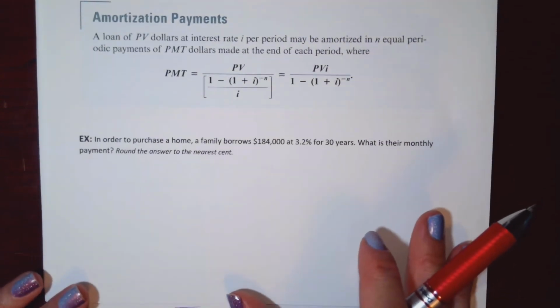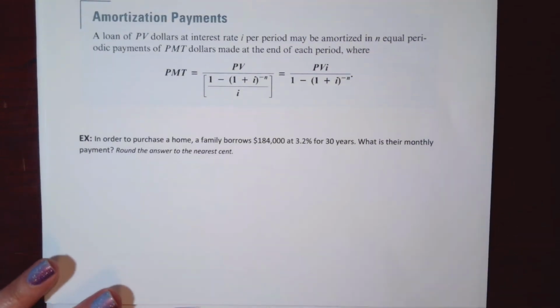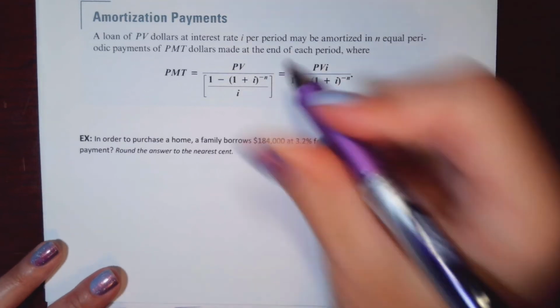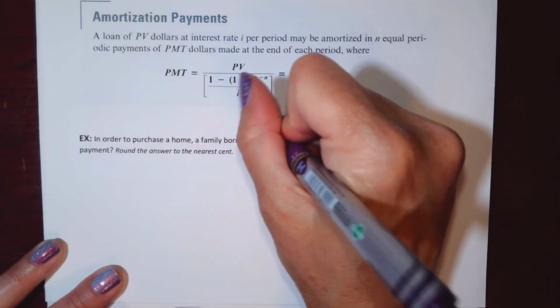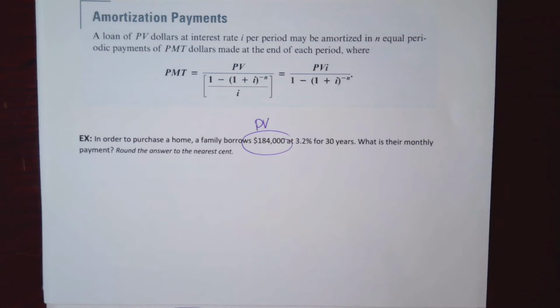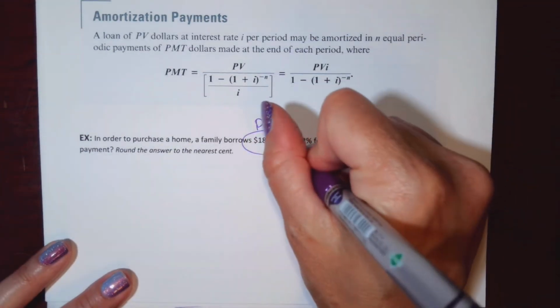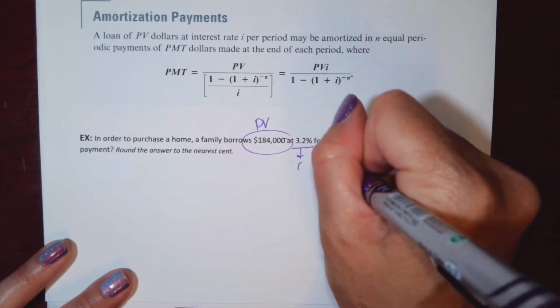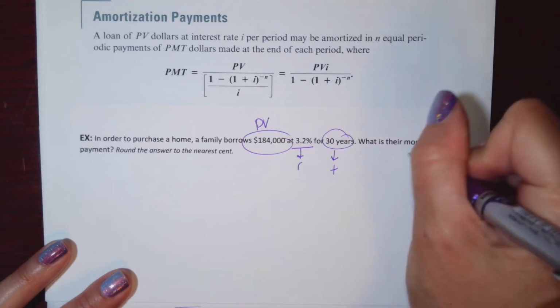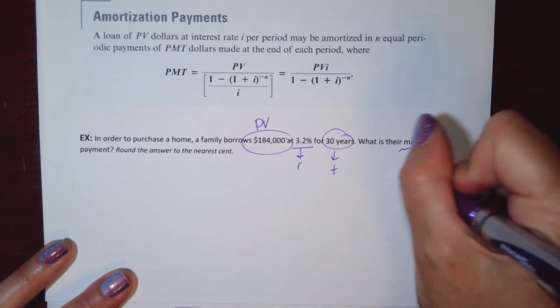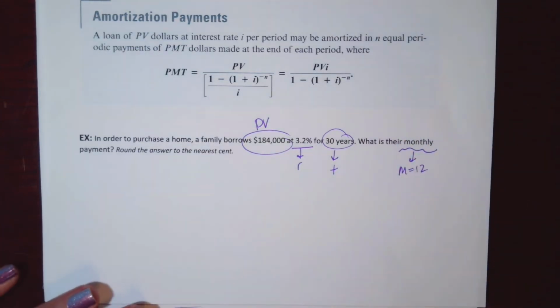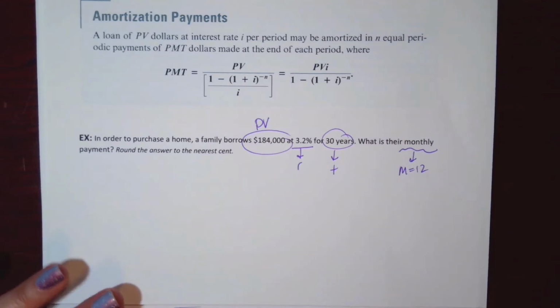Okay, in order to purchase a home, a family borrows $184,000. So that's the present value. That's their principal, how much they borrowed. 3.2% is my rate. 30 years is time. Monthly payment, so M is 12. And we're going to round the answer to the nearest cent because it's money.